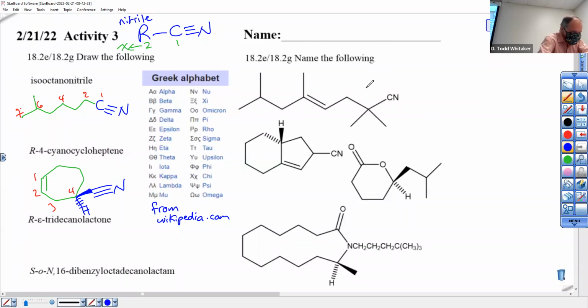So what do we have here? The first one looks a lot like the other one. Don't forget that's carbon 1. This is a nitrile. Those are methyls on 2.